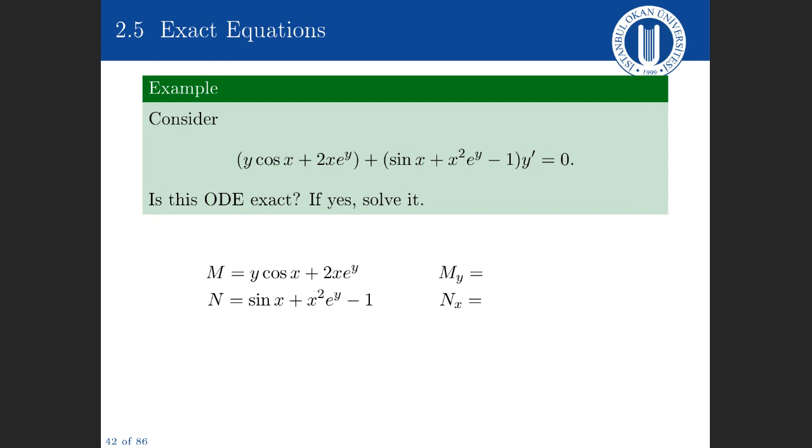We need to write down M and N. The first function is called M, and the second function is called N. So M is y cos x + 2x e^y, and N is sin x + x^2 e^y - 1. And then we need to do the partial derivatives. We need the partial derivative with respect to y of M and the partial derivative with respect to x of N.